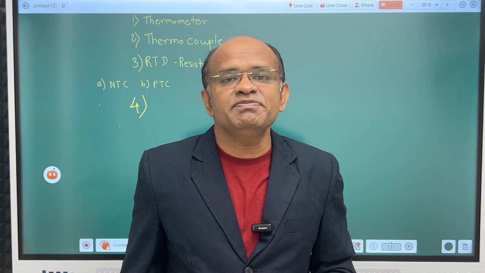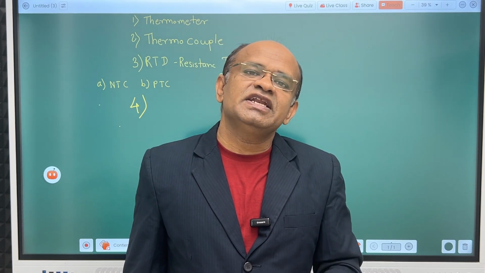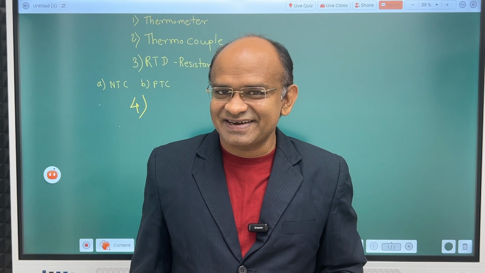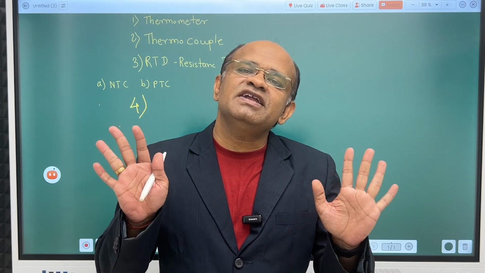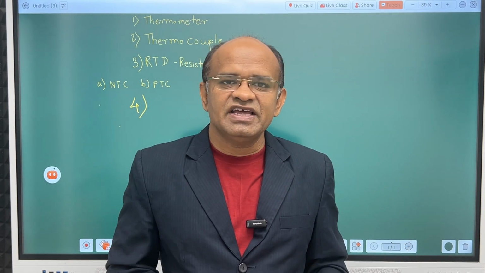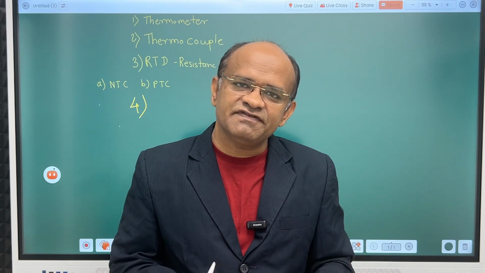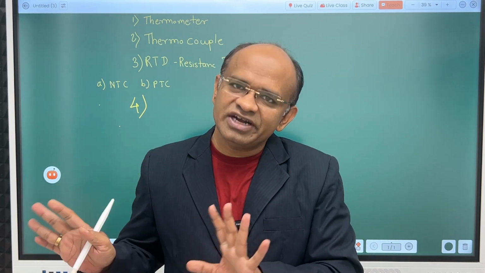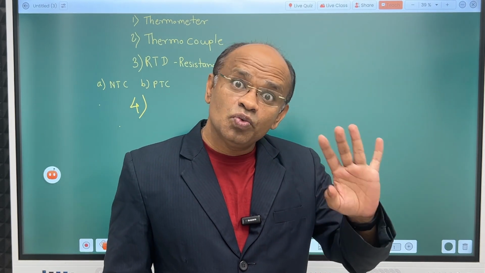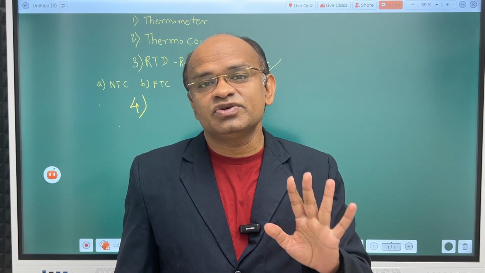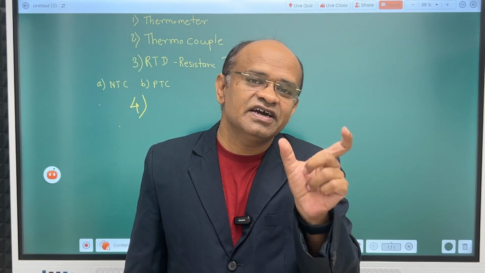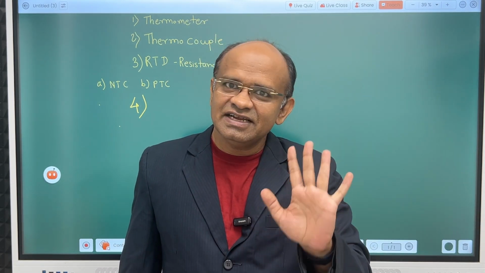That difference will be measured and we will get the temperature. The principle is the same. Wherever there is a temperature difference, you will get a voltage, and that voltage will in turn be converted into temperature. The figure we will see in the next lecture.